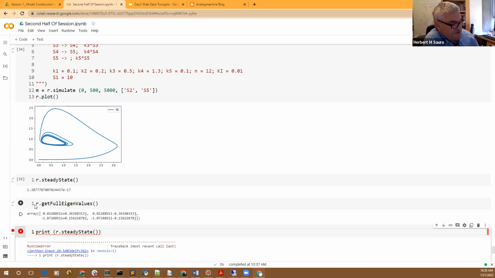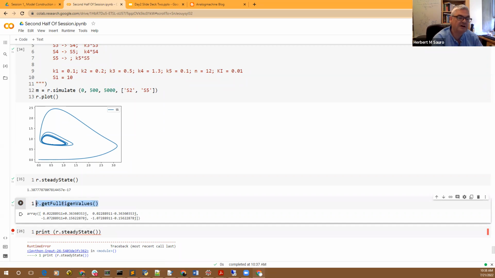If you find positive eigenvalues, at least the real part, you know it's unstable. So there's a method called get full eigenvalues. It involves a more advanced topic, but it basically returns every eigenvalue in the system.